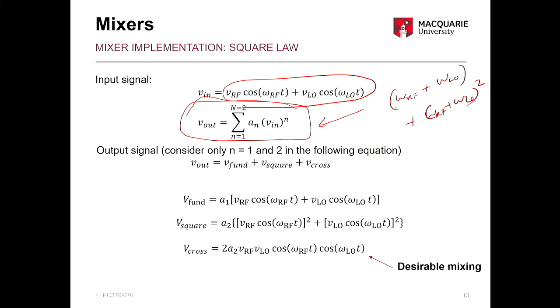So this term will give you the fundamental, this term will give you the cross modulation and the square of the signal. The square is the harmonics, or the second harmonic of that, and the cross is the product, which gives you the sum and difference signals of this.